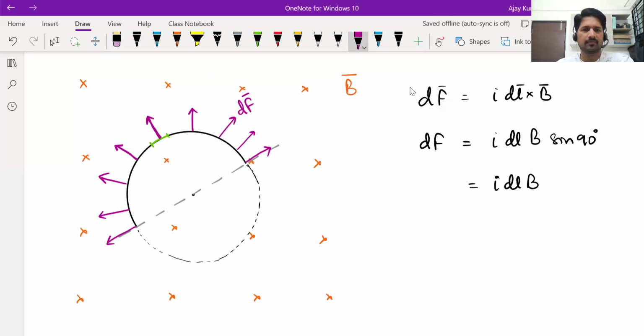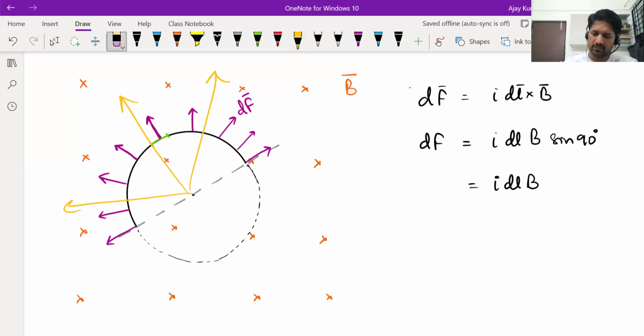Radially outwards, sir. Which way? Radially outward could mean like this, like this, like this. There are many possibilities, no? Symmetrically it will be at the point half of the semicircle.